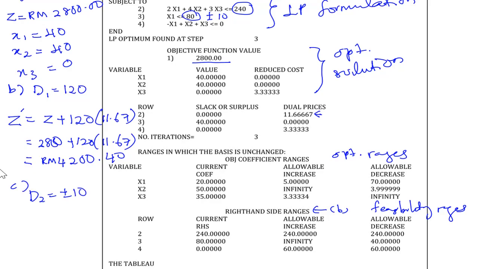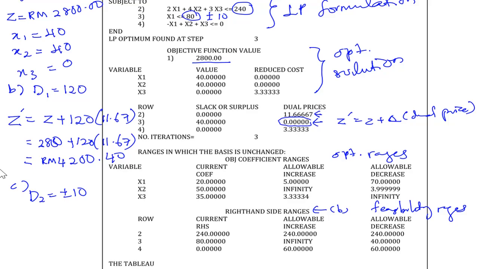But if we look at the dual price here, if we want to calculate the new Z value, then multiplied by the dual price. But there is no change because the dual price is 0.